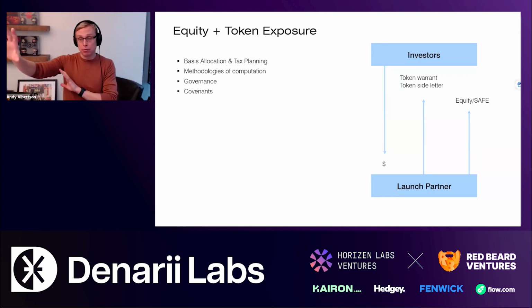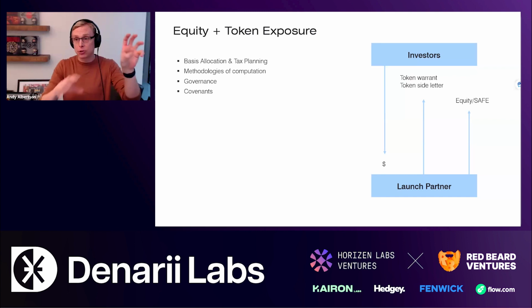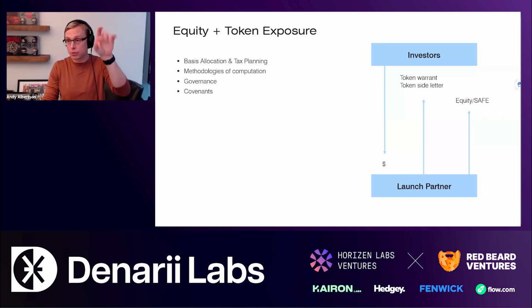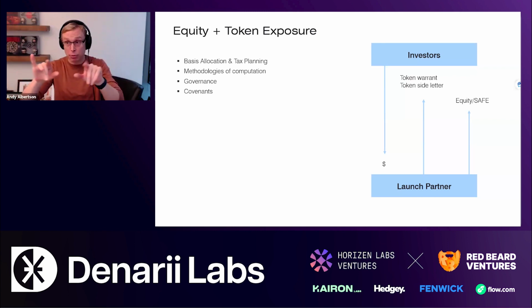So you'd say, all right, we're going to do 50%, 60%, whatever the number is for the community. And then whatever comes to the Delaware company, founders and investors, you're going to get a percentage of that pool. Okay. That's sort of model number one. I'm just going to use it as a token warrant, but there's different variations of this. And then we haven't decided those numbers when we sign the investment documents. So whatever we move over here, investors are going to get their pro rata percentage, a common way to do it.